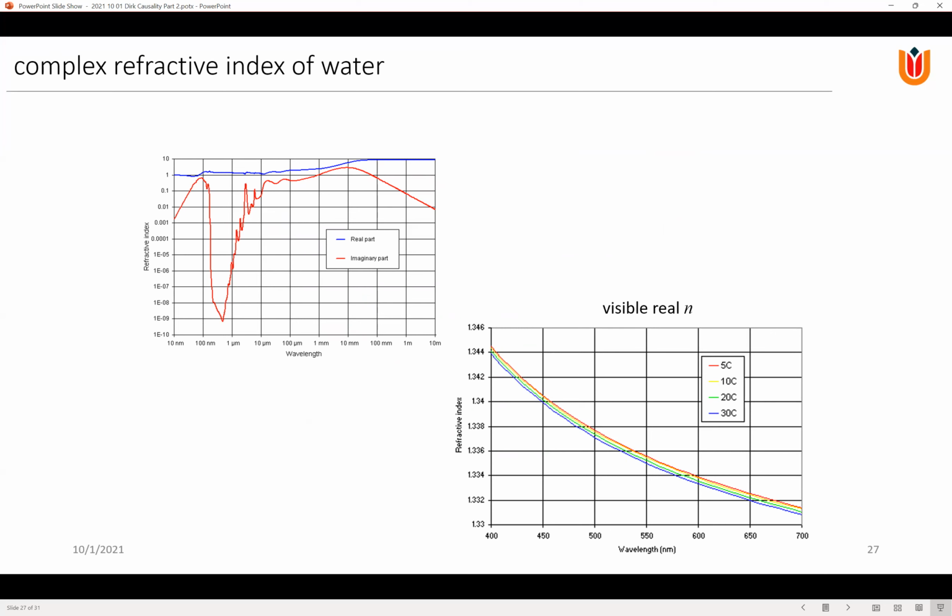So the graph top left is the same as the graph that we had before. Here is the real part of the refractive index now from a wavelength range of 400 to about 700 nanometers, and we see that it decreases with wavelength, and that is due to this big absorption peak at about 100 nanometers.